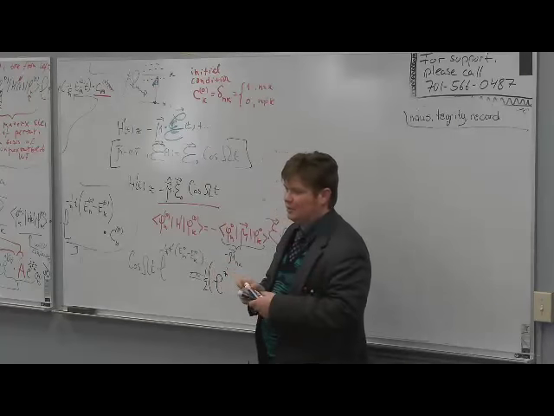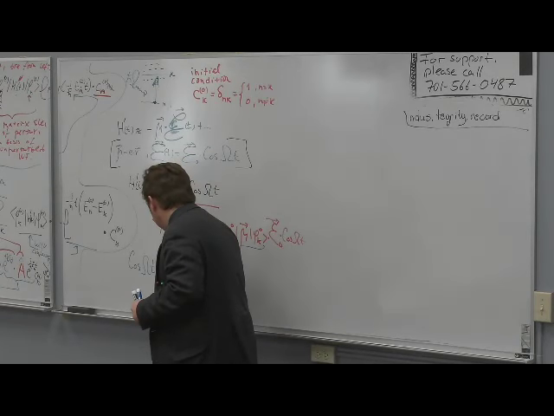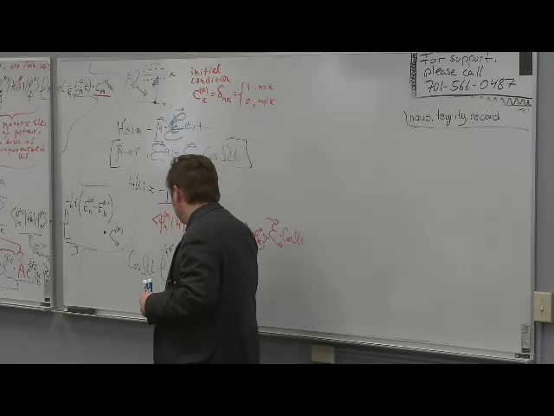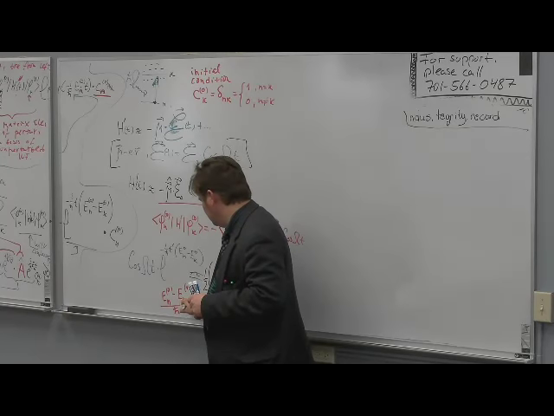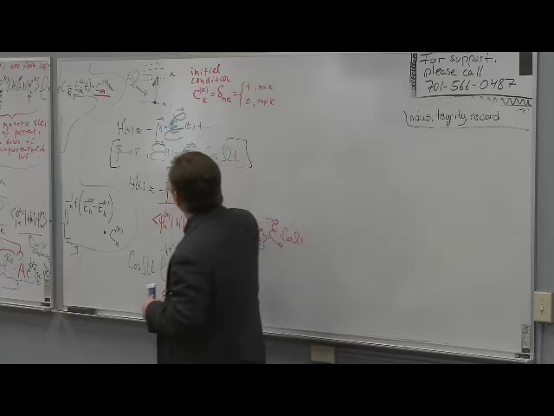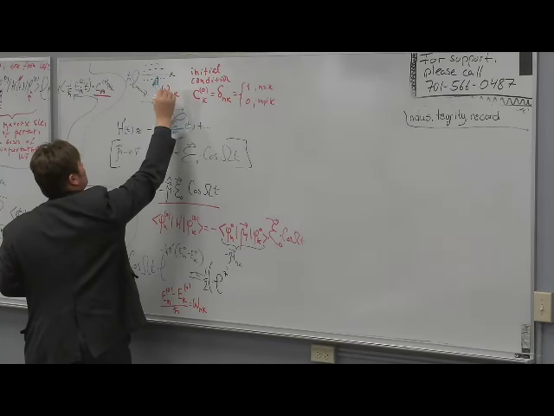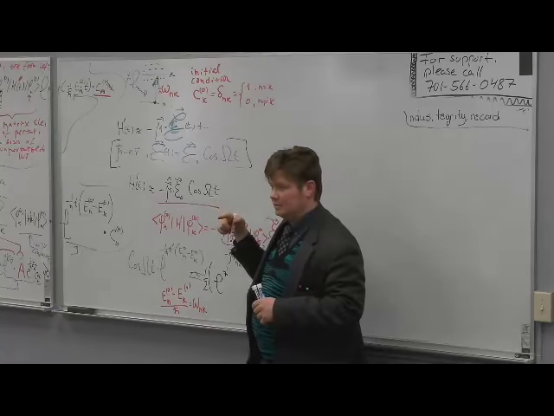Let's simplify our life once again. Let's denote this E n minus E k over h bar. So the dimension will be frequency. Let's call it omega nk, which will be the offset of the values, right?